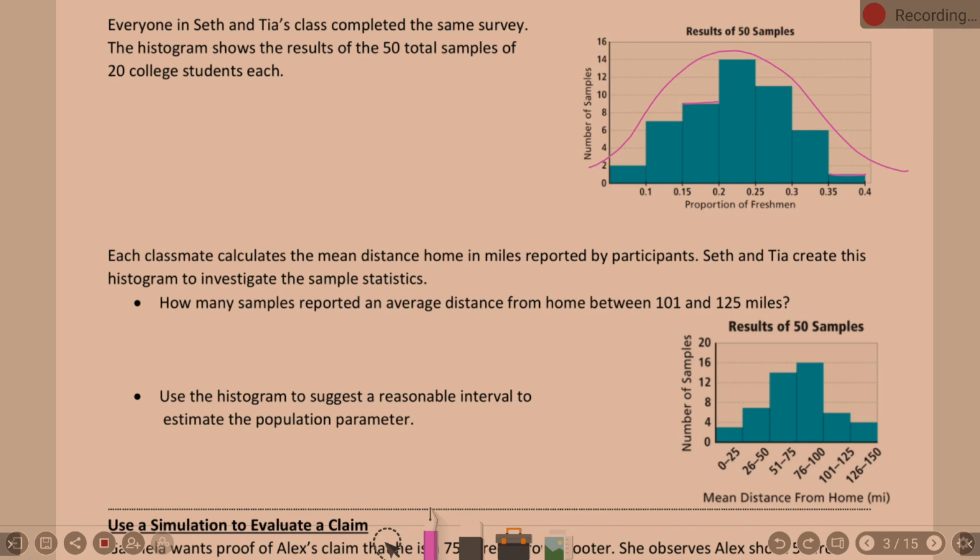Okay? And I just drew those lines in there trying to get you guys to think about, where are their results in relation to everybody else? In this lesson, this book talks a lot about where is the majority of the data? And they use the number 95% of the data. So if we take off the two little ends, the majority of the data is falling in that 0.1 to 0.35 range.